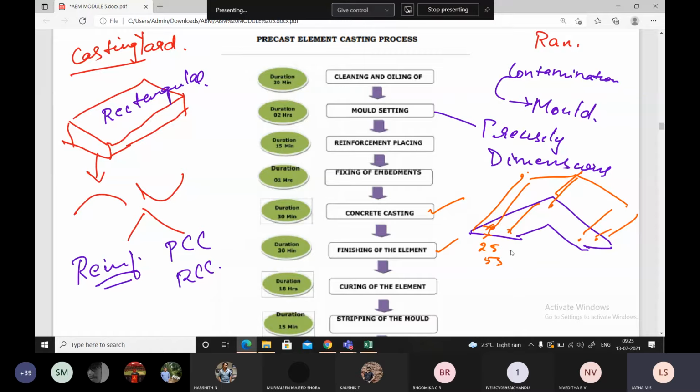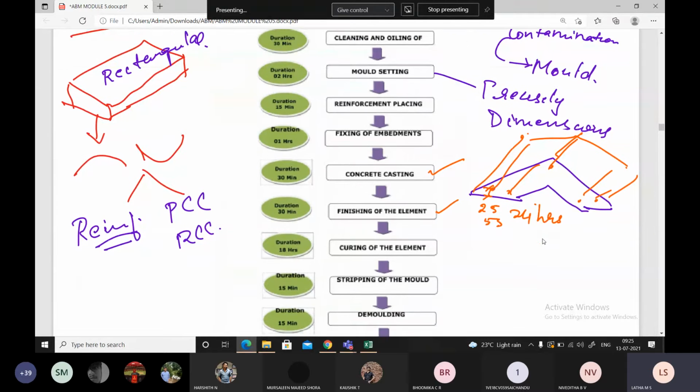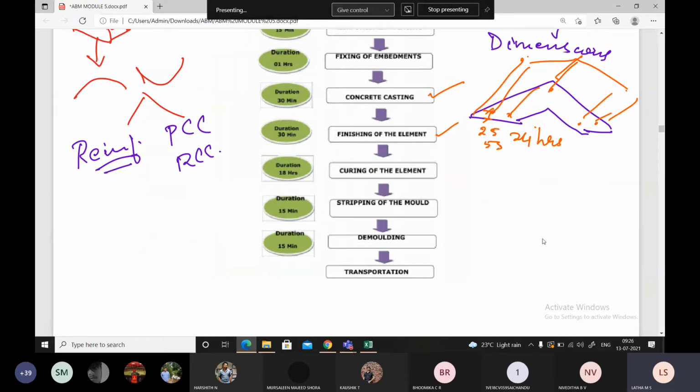After pouring the concrete, after 24 hours, students, you will be dismantling the mold. You'll be removing the mold. Then you start with the curing of the element. Then the stripping of the mold can take place here, or even after this.